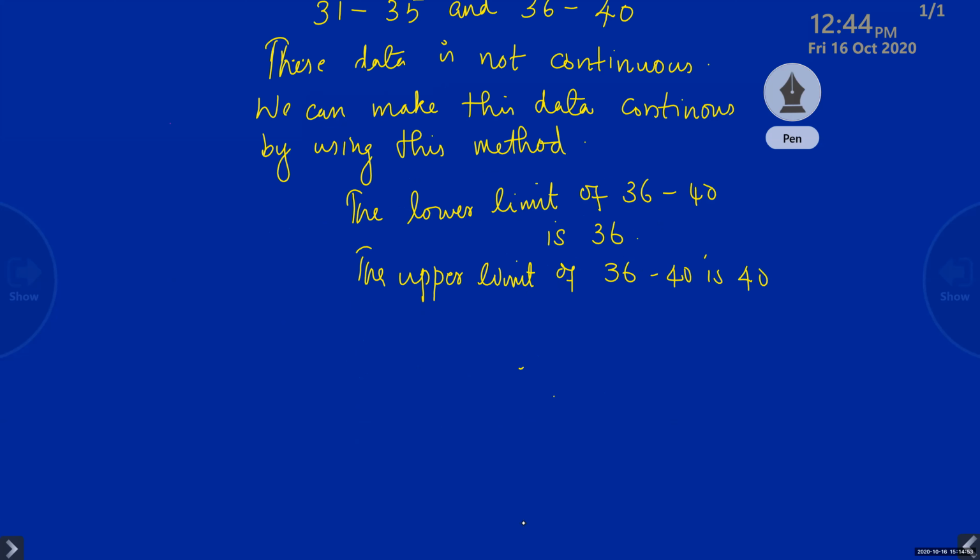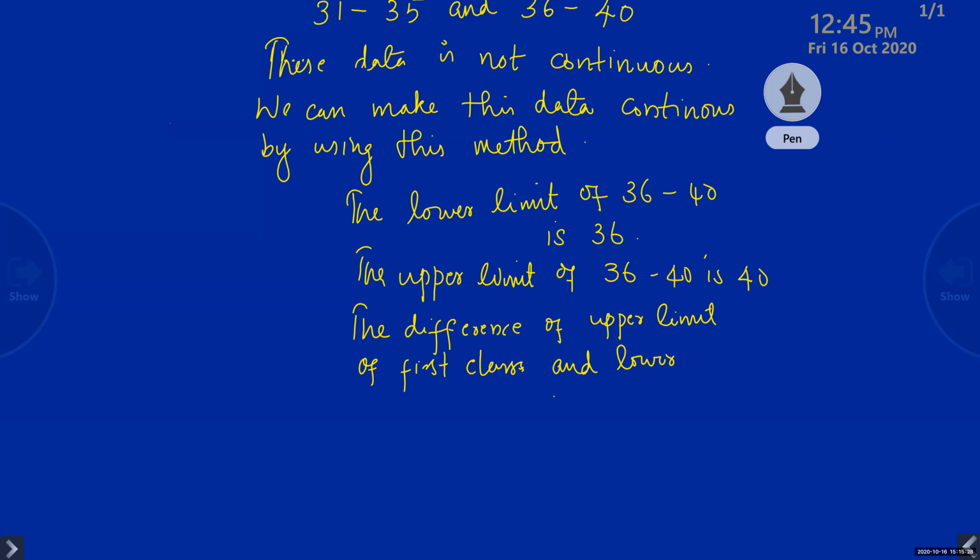The difference of the upper limit of the first class and the lower limit of the second class. That is 36 minus 35 equal to 1.